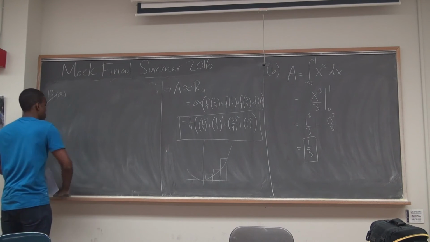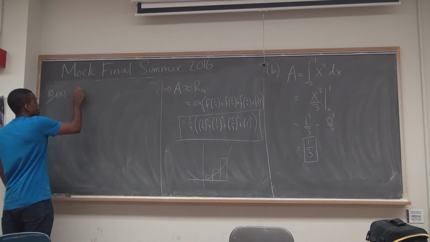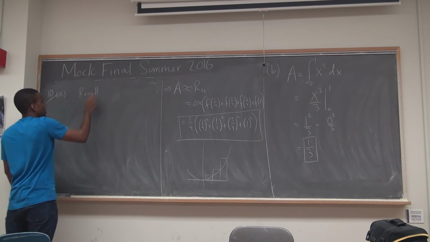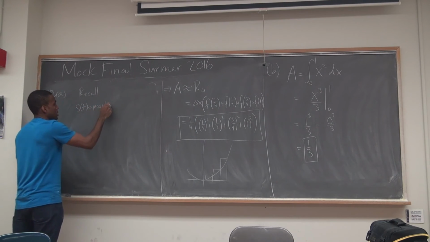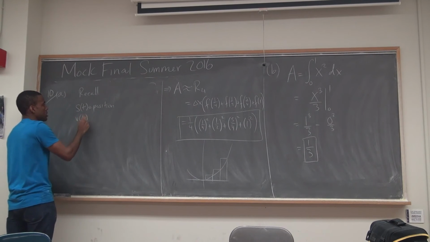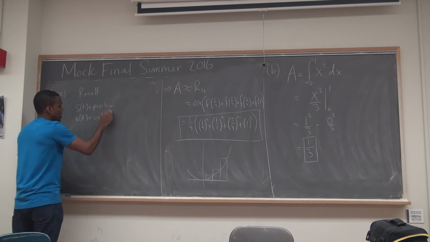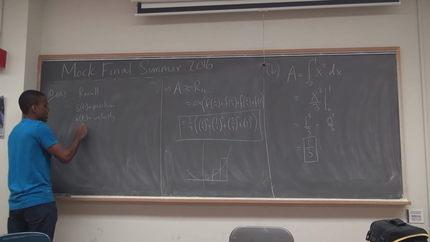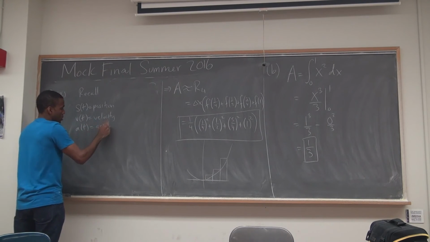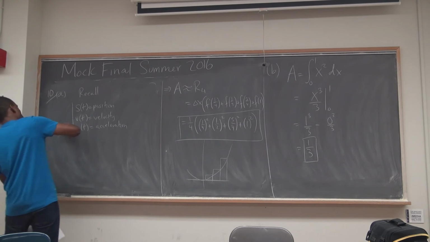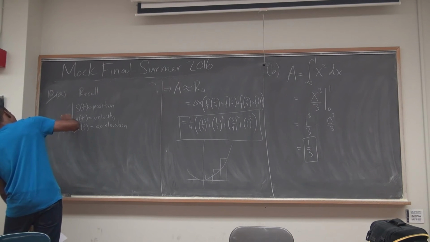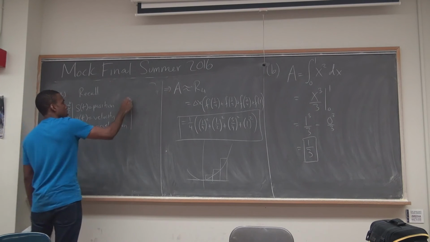Basically what you need to remember here: s is position, v of t is velocity, a of t is acceleration. Then to move down in this list, you differentiate. And to move up in this list, you integrate.